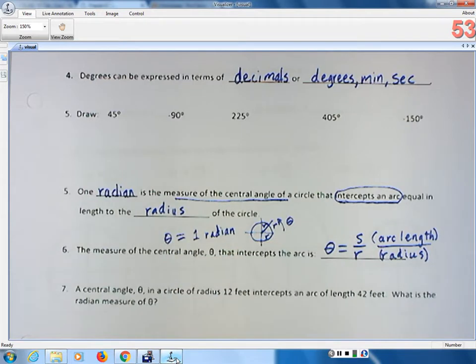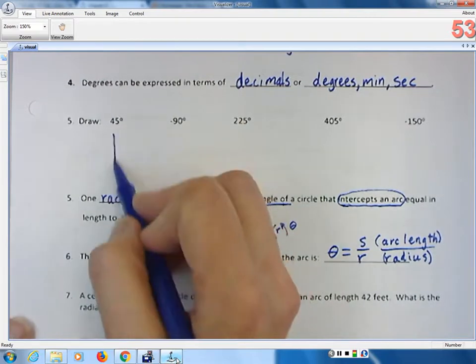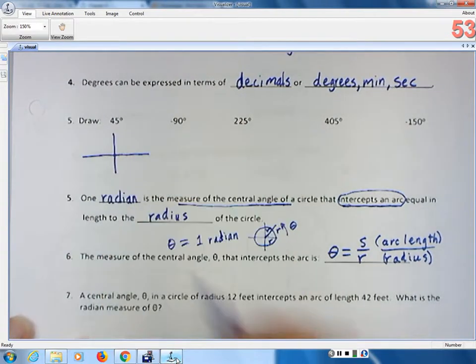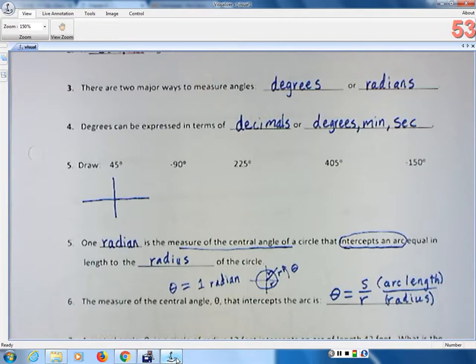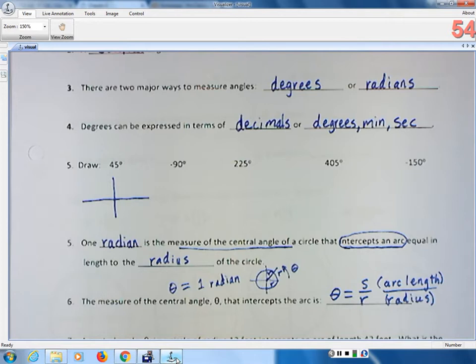Okay, let's draw some angles, and no, we're not going to use graph pictures. So we're going to draw these in standard position. So a 45-degree angle, and I did bring a protractor, so we're just going to do a quick sketch. So we're going to start the initial side, the initial ray is going to be on the positive x-axis.